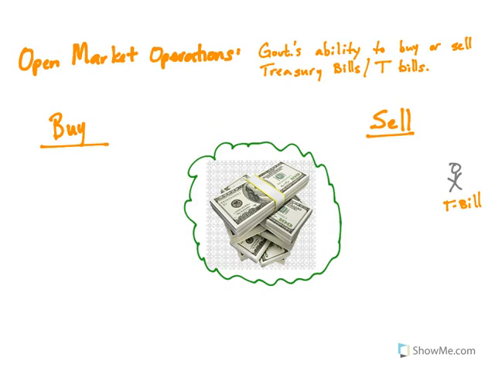But in order for you to purchase a treasury bill, what happens to your monetary supply? You have to give up a part of your monetary supply to get the treasury bill. So as the government sells treasury bills, the monetary supply decreases.